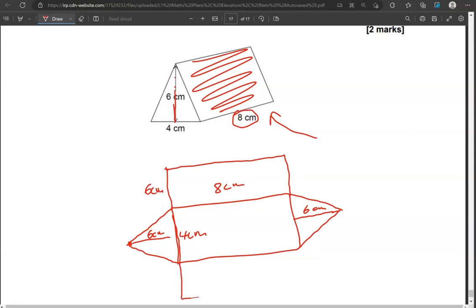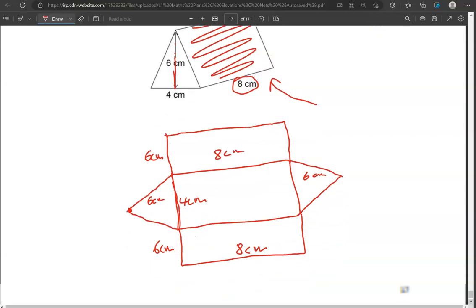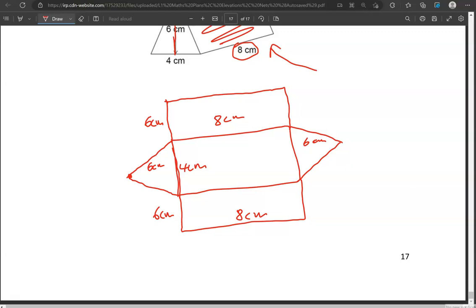And the same on the other side. I'm going to remove these lines that are added for the height of the triangles. And if you draw this with a ruler with the correct dimensions as shown here, that should be done. And this is the end of the questions.